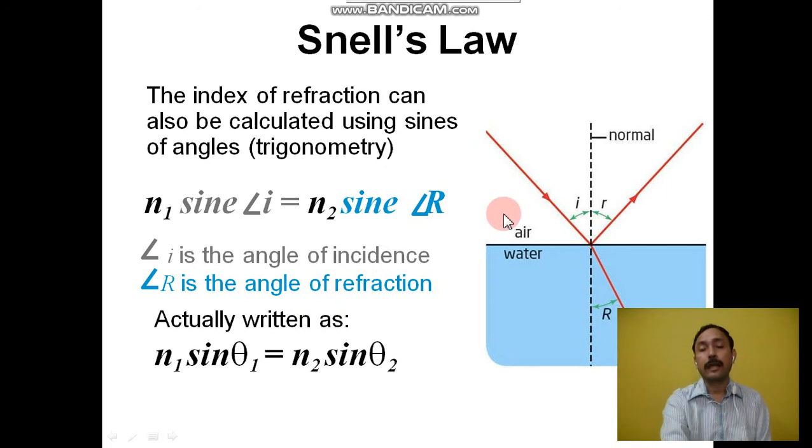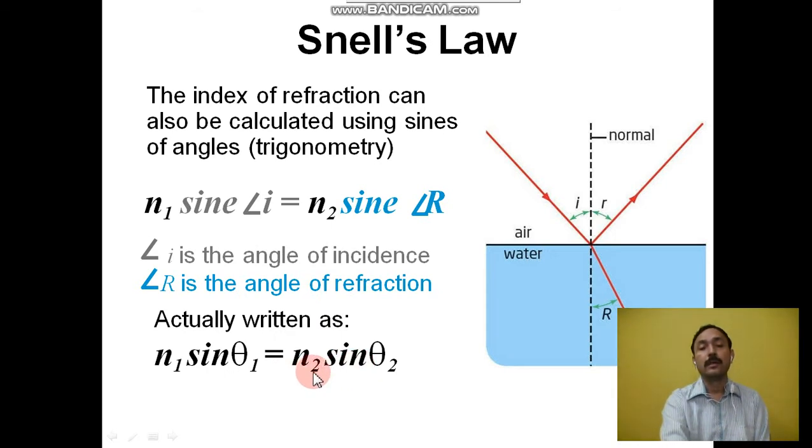So actually it can be written, if this one is theta 1, this one is theta 2, then N1 sine theta 1 is equal to N2 sine theta 2. And refractive index is sin I by sin R is equal to N2 by N1, or sin theta 1 by sin theta 2 is equal to N2 by N1.